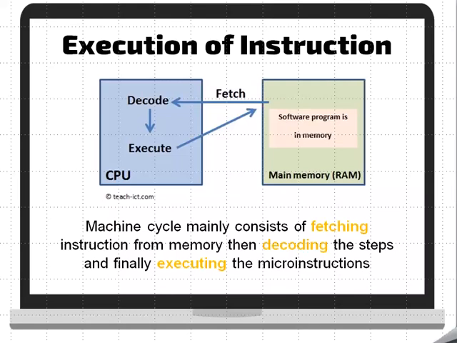For the execution of instructions, the machine cycle mainly consists of fetching the instruction from memory, then decoding the steps, and finally executing the microinstructions. As you can also see in this program here, we fetch the instructions from the CPU, we decode this into language that the CPU can understand, and then this will be executed afterwards.